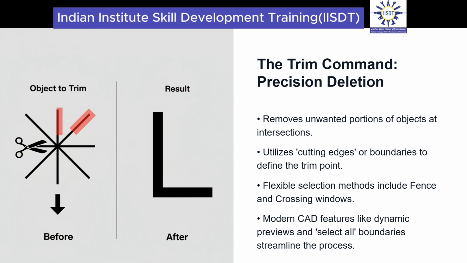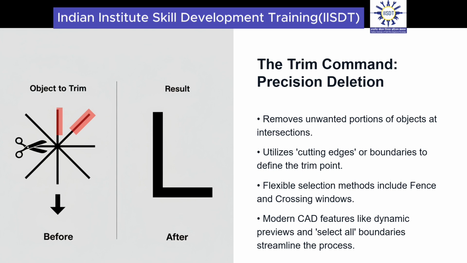You don't have to select boundaries one by one. Modern CAD systems allow you to use a fence, which is a free-form line that trims anything it crosses, or a crossing window, which selects all objects within and crossing its path to act as potential boundaries. This makes cleaning up complex areas incredibly fast. Furthermore, many programs now have a quick trim mode where all objects in the drawing are treated as potential cutting edges, allowing you to simply click on the segments you want to remove.